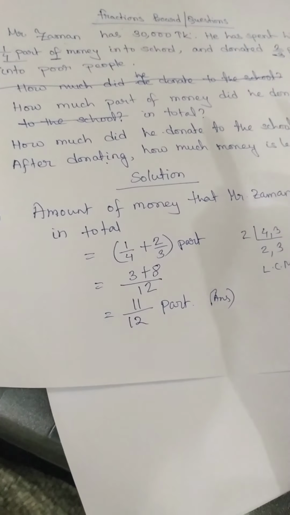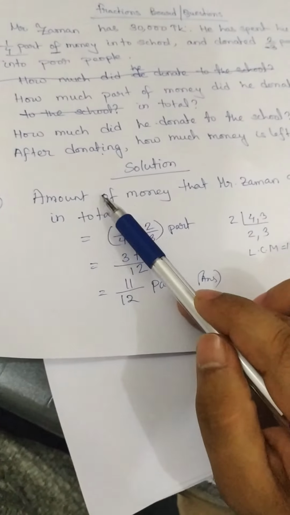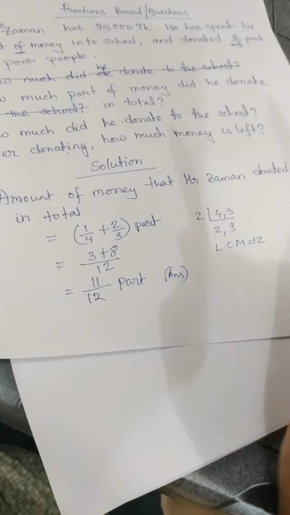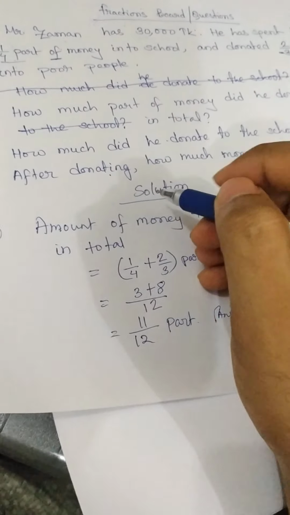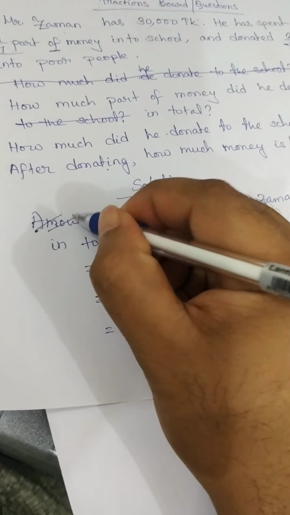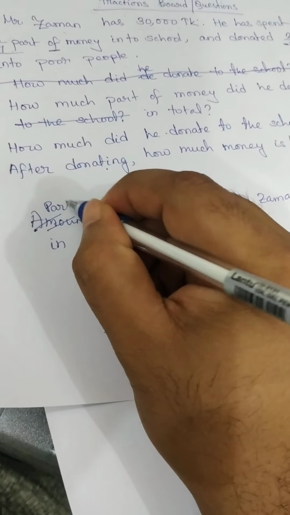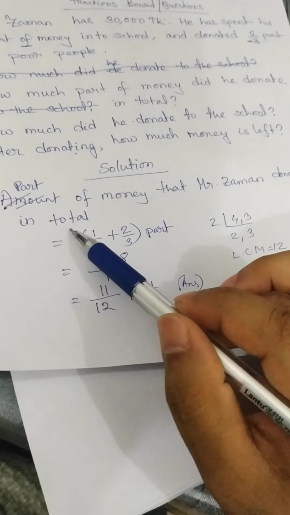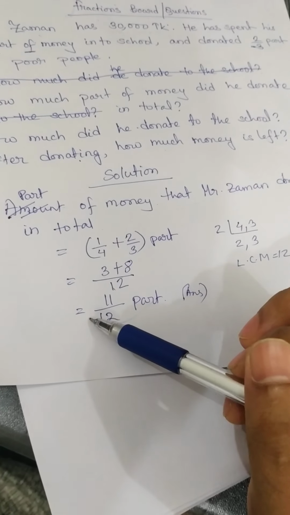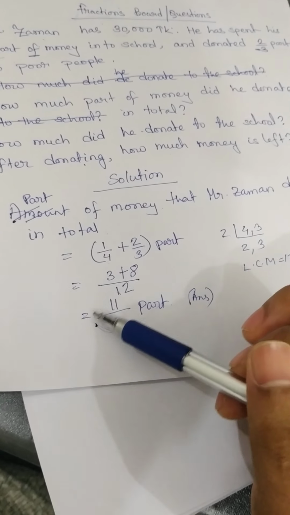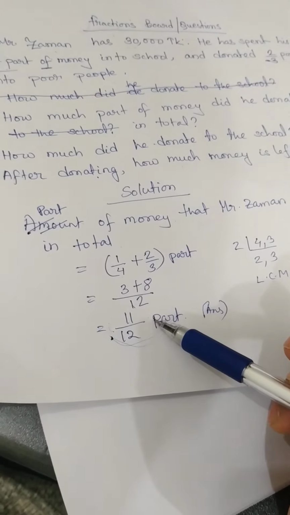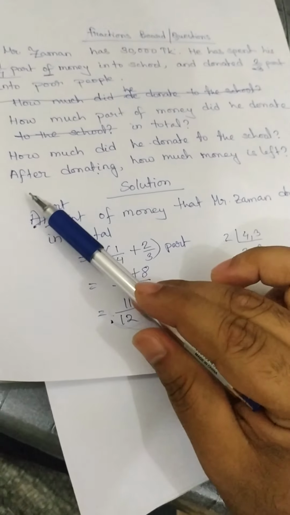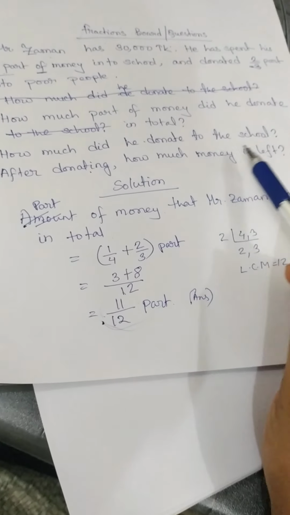So we already know in the first part, the answer should be part of money, not amount of money. So the part of money that Mr. Zaman donated in total equals 11/12 part. So this part he actually donated, right? But the question is, after donating, how much money was left?